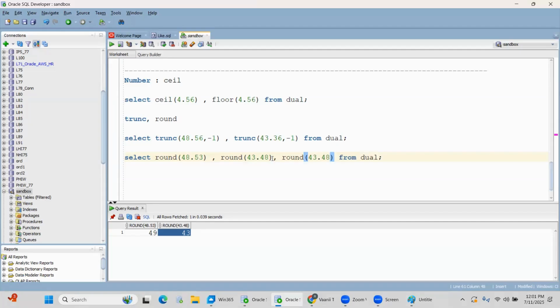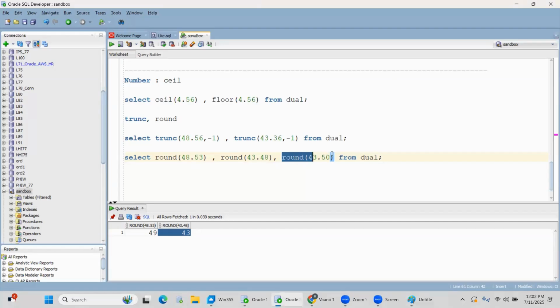I'm going to write here 43.50. Okay, now give me the answer, guys. It will be 43. Anyone else? It will be 44. Sorry, first will be 49, second will be 43, third will be 44.